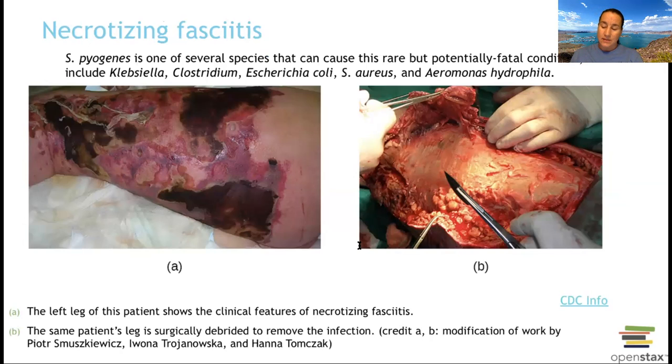It's different types. So it could be strep, that is one of them, but it could also be all of these other guys: Klebsiella, Clostridium, E. coli, Staph aureus, and Aeromonas hydrophila can also cause necrotizing fasciitis.